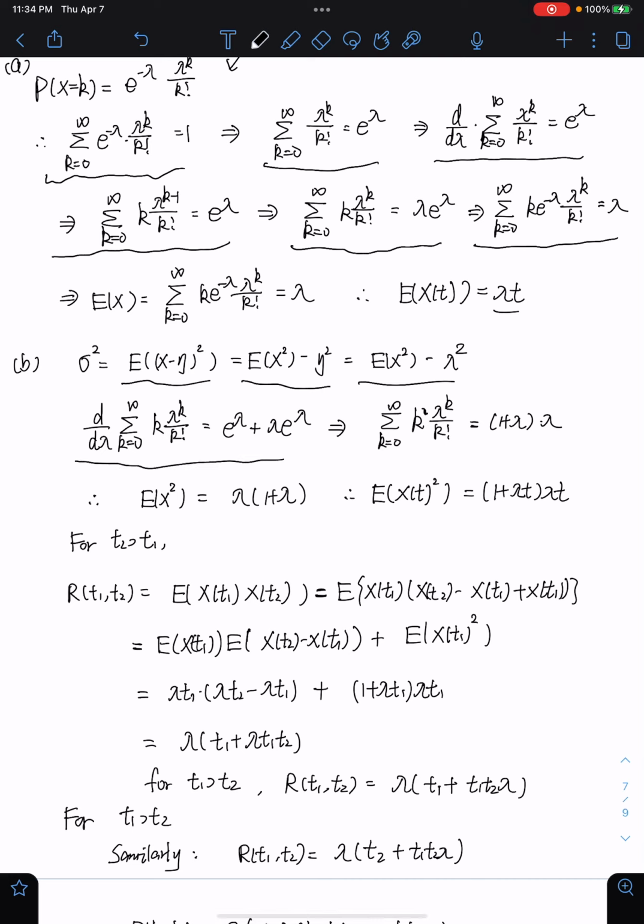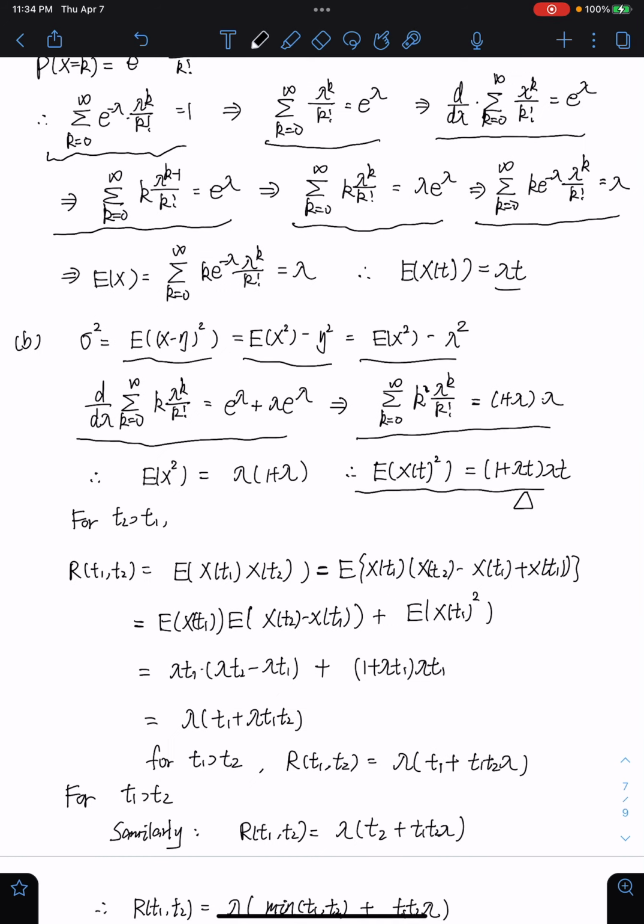We can get these equations, and then we divide by e to the power of lambda on both sides. We get these functions. These functions mean that the expectation of X squared equals lambda times (1 plus lambda). And in this stochastic question, we just replace lambda with lambda t, and we get that the expectation of X(t) squared equals this.